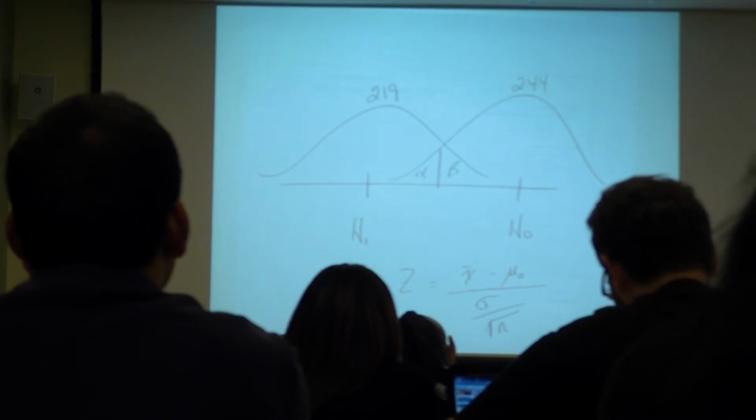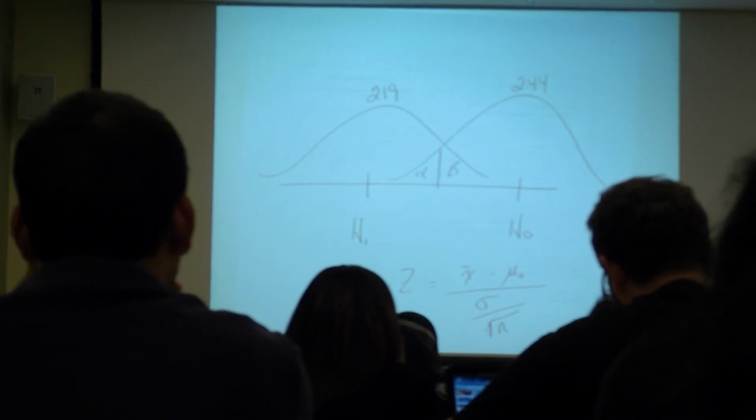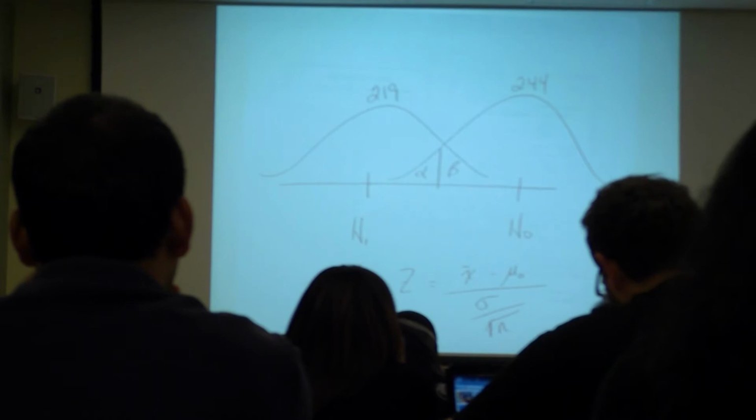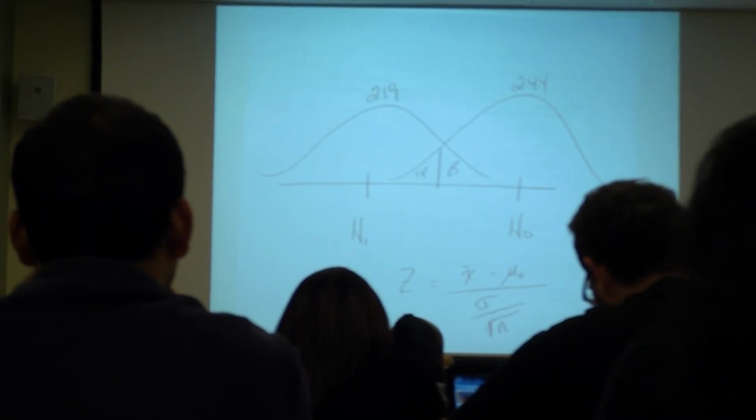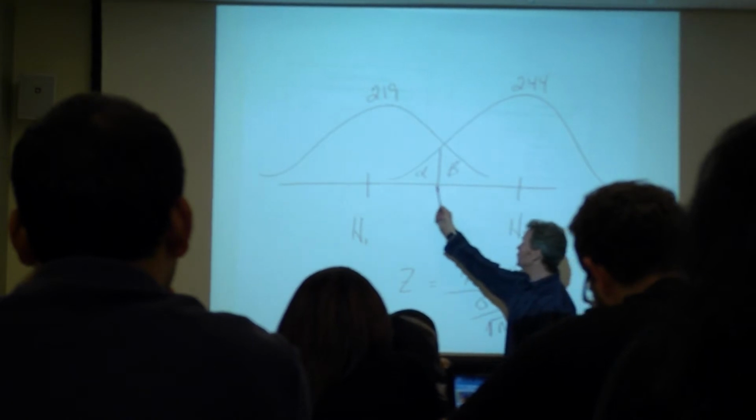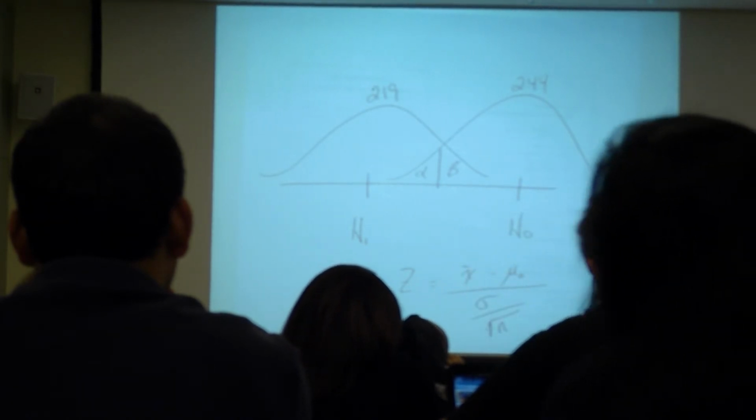So since it's a one-sided test, we know that it's going to be 1.645. That's the critical value for a one-sided test at alpha 0.05. We also know it's going to be negative because the alternative is going below. The alternative is less than.